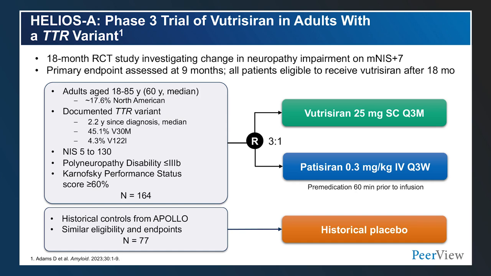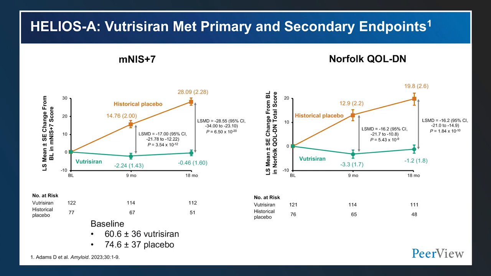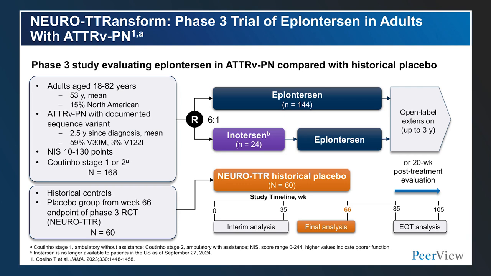Now, because we cannot compare patients to placebo, because it's unethical, we have a drug that dramatically improves. The FDA allowed the companies to do trials comparing to historical placebo. So again, comparing to historical placebo with vutrisiran, you can see the stabilization of the neuropathy impairment score and the quality of life.